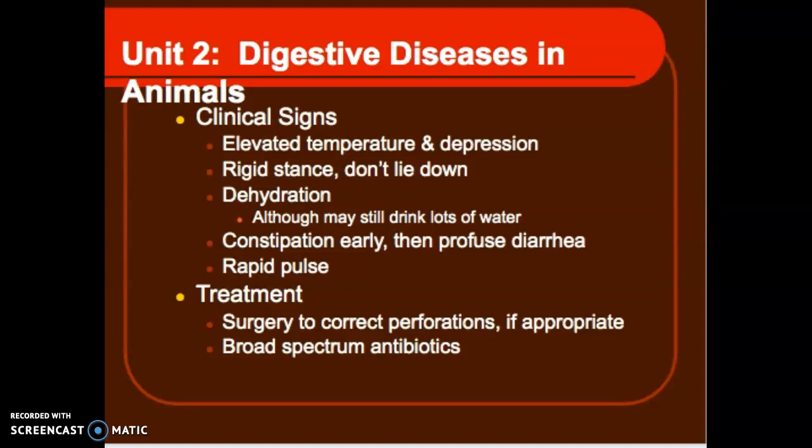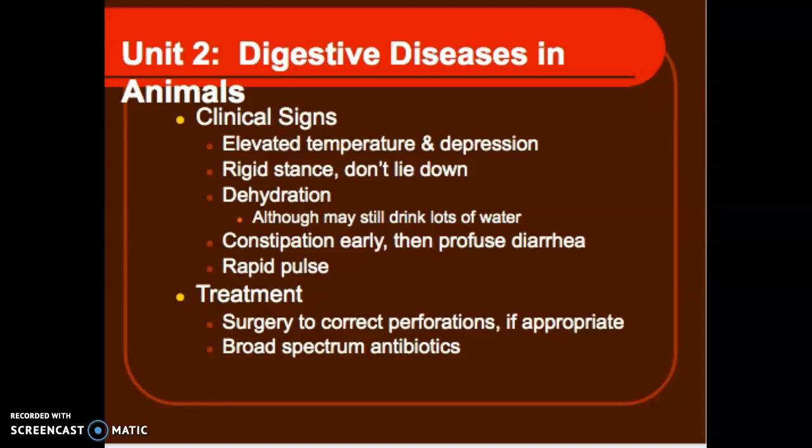They may or may not drink a lot of water. It really depends on what kind of peritonitis they're dealing with. And most likely, if you check their pulse or heart rate, it's usually very rapid. I've encountered a number of these animals, and you'll get a rapid pulse. That's one of the giveaways that it's something like peritonitis setting in.